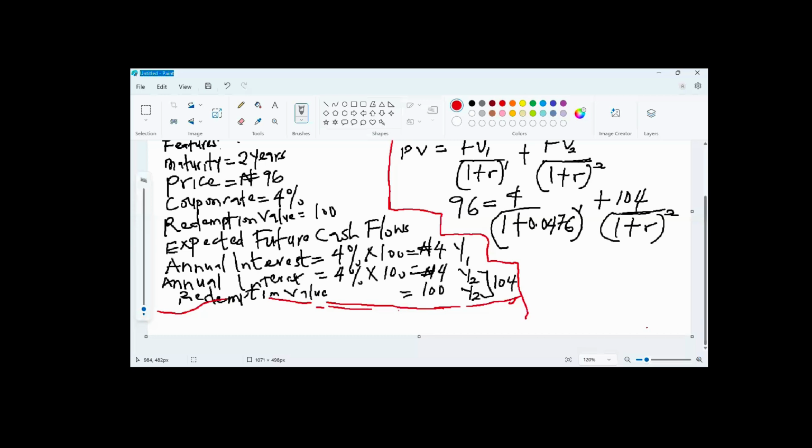Look at it. 96 is equal to 4 divided by 1.0476 plus 104 divided by 1 plus R raised to power 2.